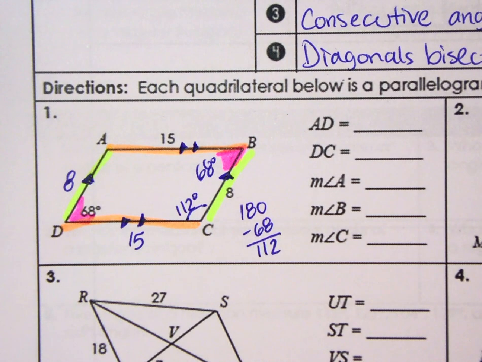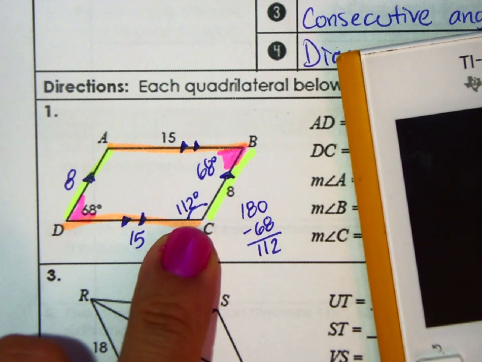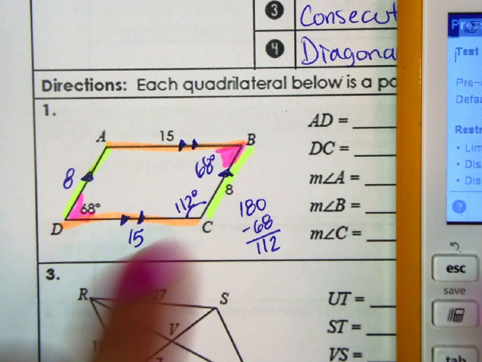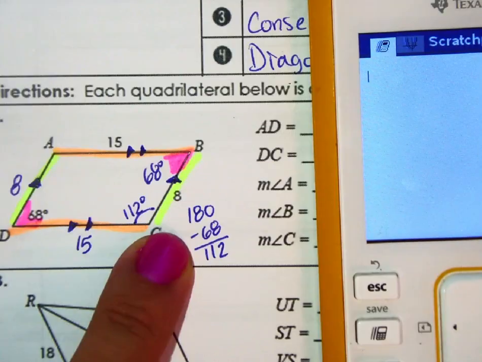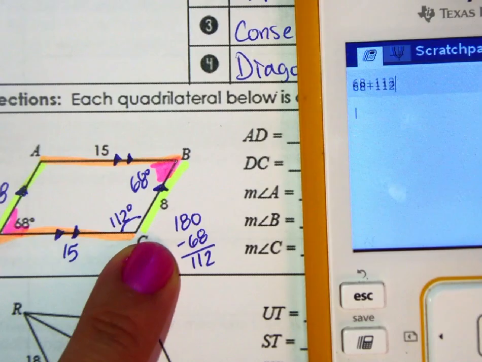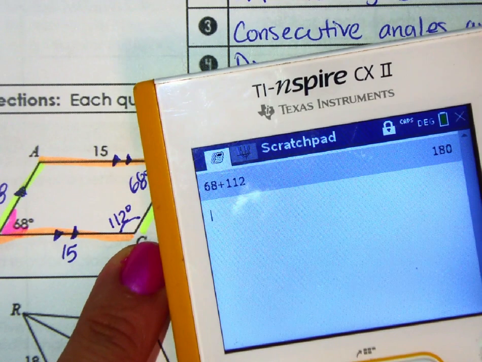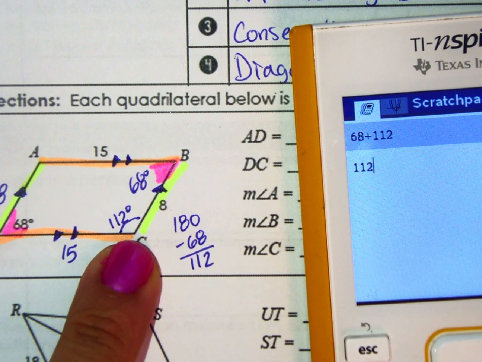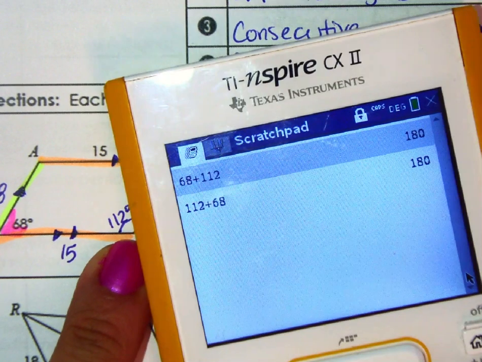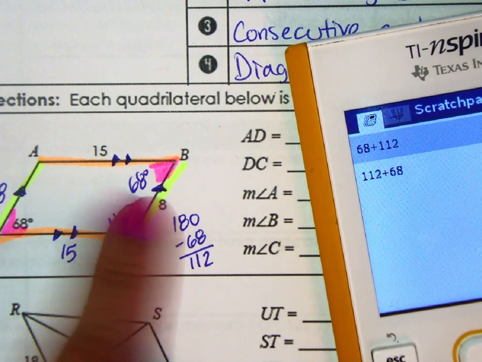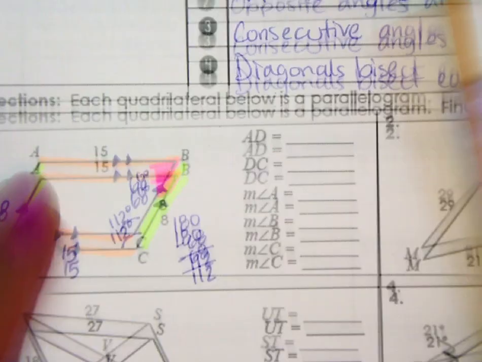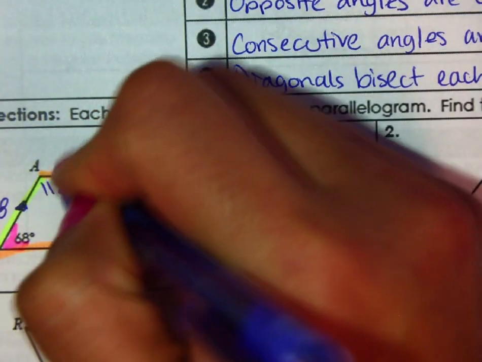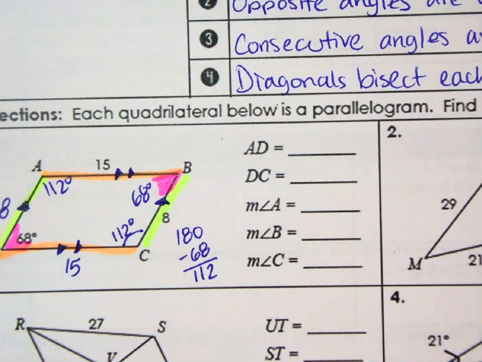So when we look at adding them, 68 plus 112 gives you 180, and 112 plus 68 is the same thing, 180. And if you go 68 plus something is 180, you notice that they're opposite of each other, so that backs up the previous statement.